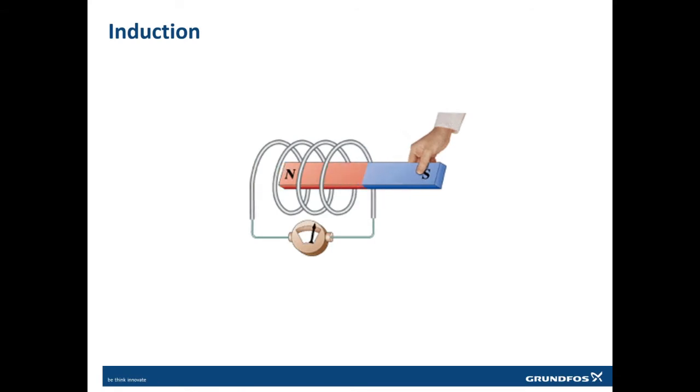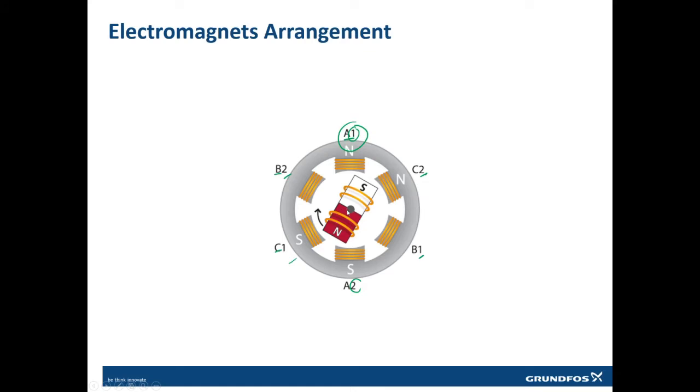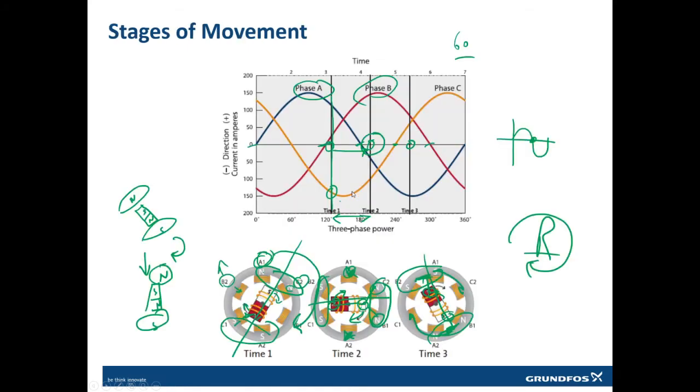Now coming to the induction part. If you remember, I was talking about this part being a permanent magnet, but it is not mandatory to have this as a permanent magnet. Why? Because we can use a concept called induction.